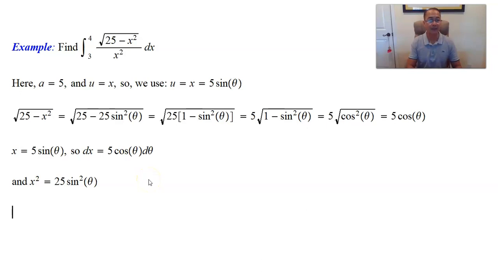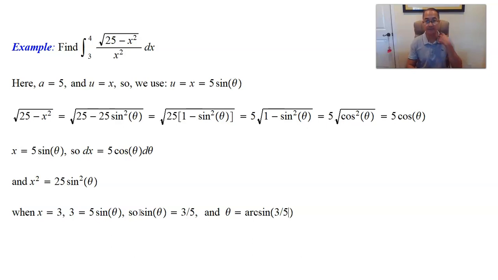How about the limits? When x is 3, what do we get? 3 equals 5 sine theta. We are using this equation, which came from here, of course. So I plugged in 3 equals 5 sine theta. Who is sine theta? Sine theta is 3/5. Use the inverse trig function, and so theta is arcsine of 3/5.